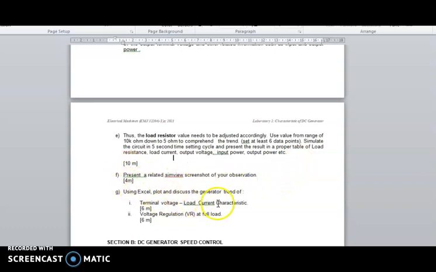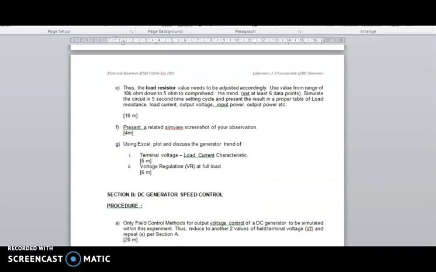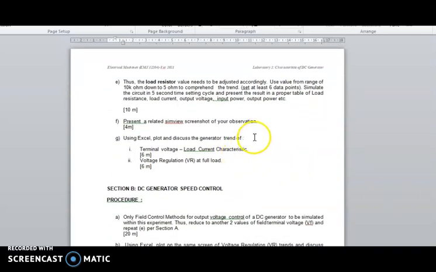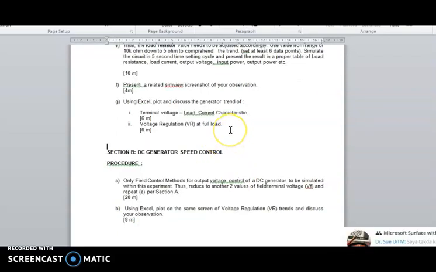So present the related scope view screenshot, same as lab 1. And use Excel plot, discuss the trend of terminal voltage versus load current. So you produce a graph and you comment below your graph. That's for your response compared to the variation of your load current.